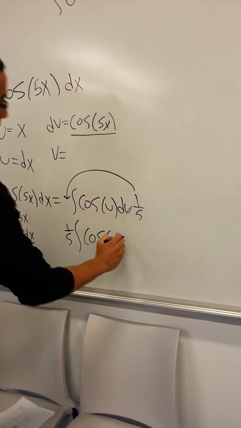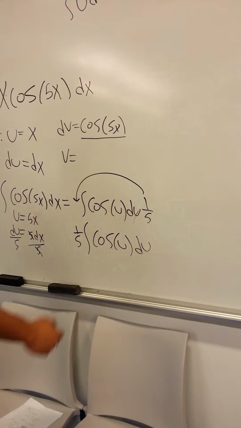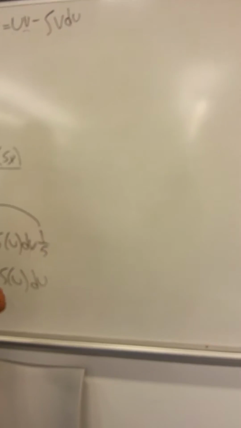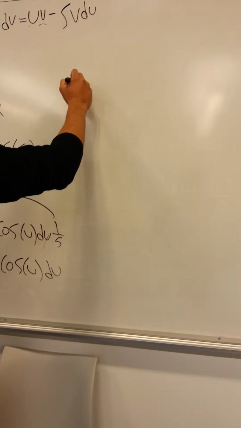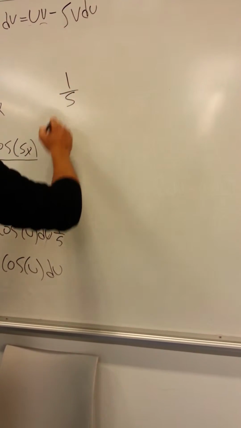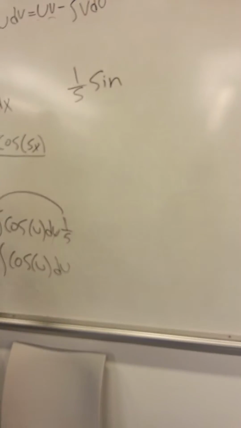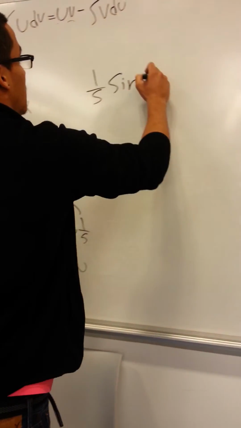Now this is a lot simpler to integrate. The antiderivative of cosine of u is going to be sine of u. And I'm going to rewrite u as what it's equal to, and u is equal to 5x.